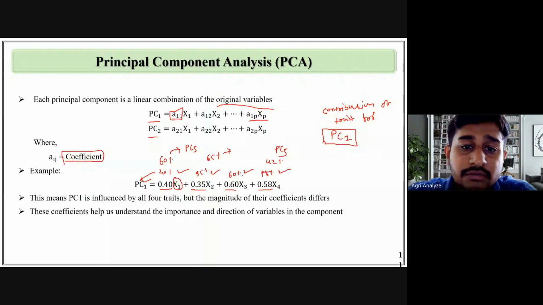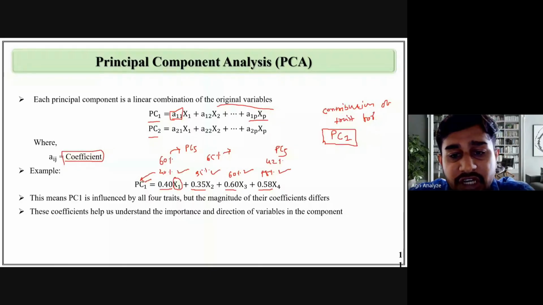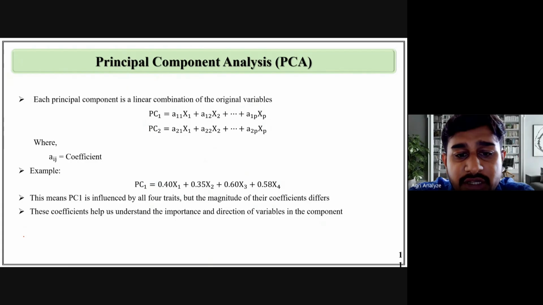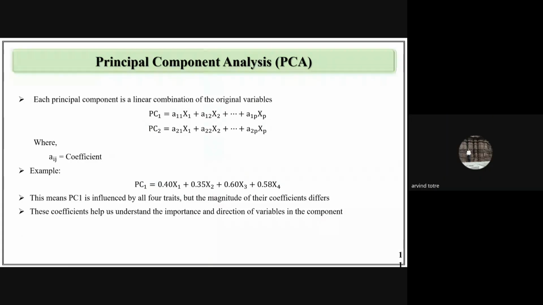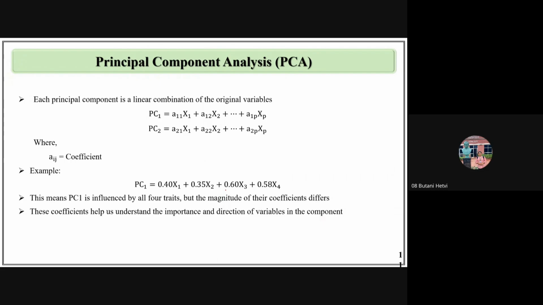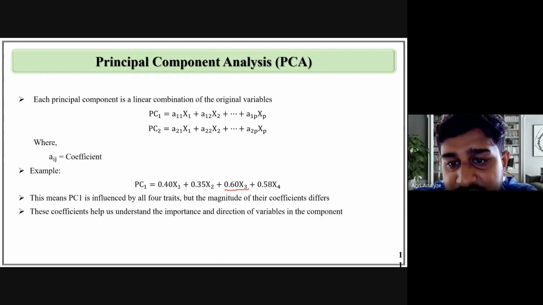Based on this coefficient, can anyone tell which variable has the highest contribution for generating PC1? Anyone? The third variable, x3, 0.6. Yes, the third variable has the highest contribution for explaining variation.